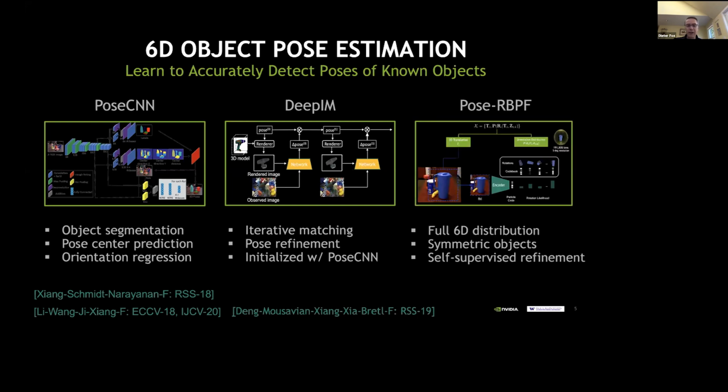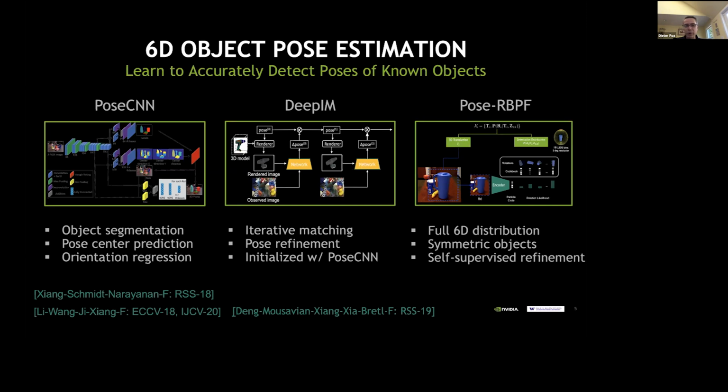And finally, the last piece of work is PoseRBPF, that was presented last year at RSS, where we explicitly estimate a full 6D distribution over the XYZ position and orientation of objects using a Rao-Blackwellized particle filter. And that technique has a big advantage that it's extremely robust and also is very well suited for dealing with symmetric objects.